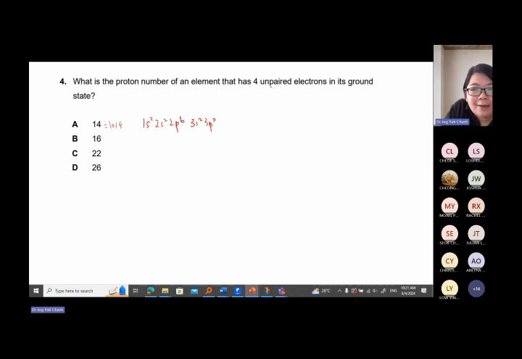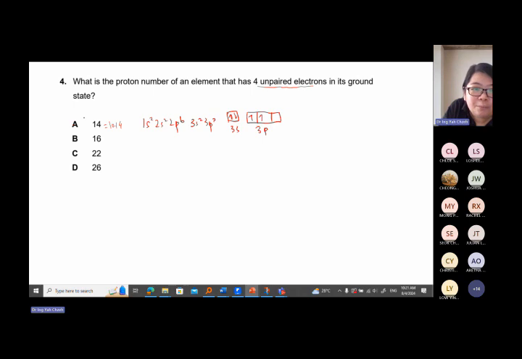Now for unpaired electrons, for these valence electrons, we need to actually draw the electrons in a box diagram. I'll draw for 3p, 2 electrons. 3s is full. When a subshell is full, it won't have unpaired electrons.